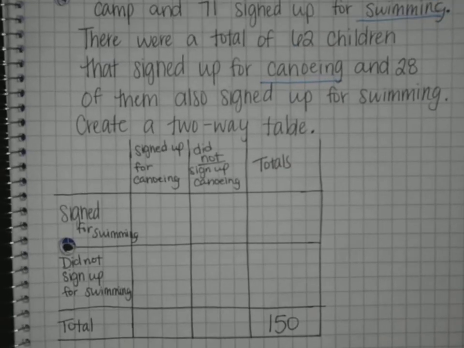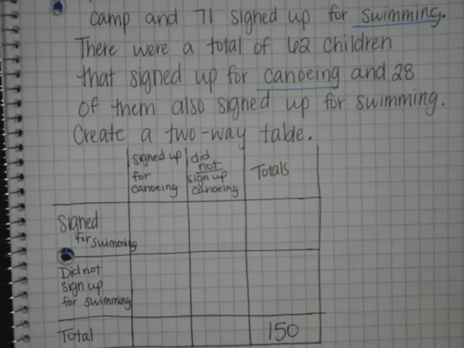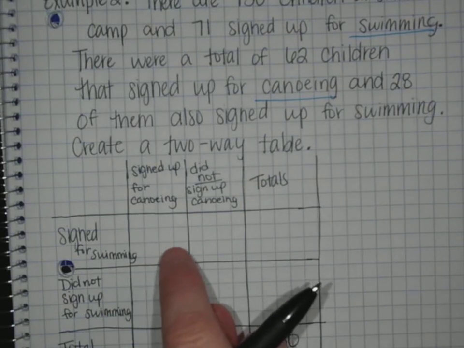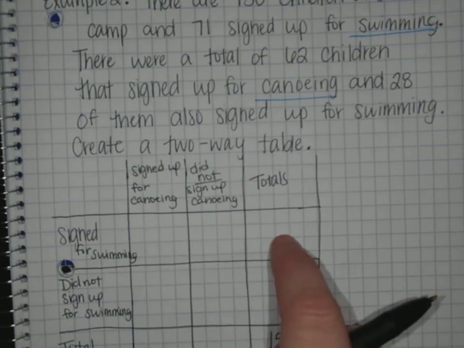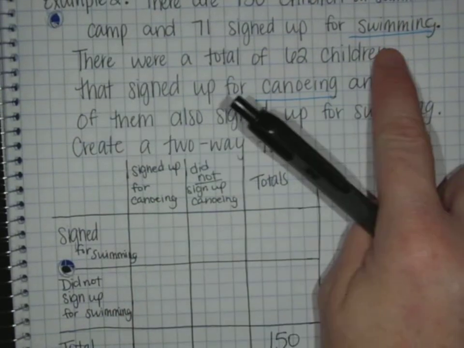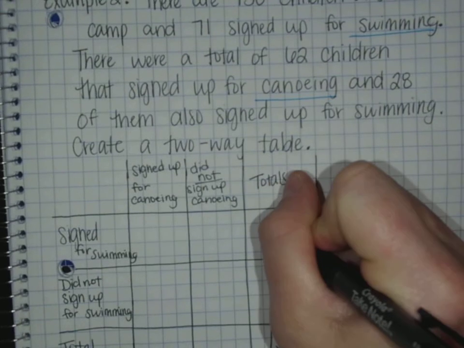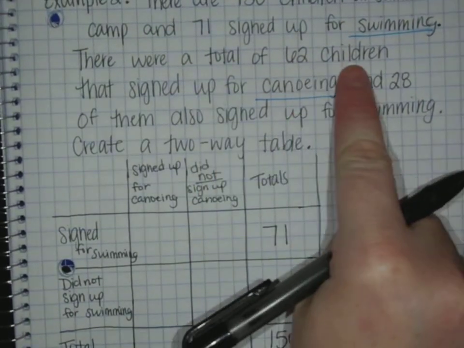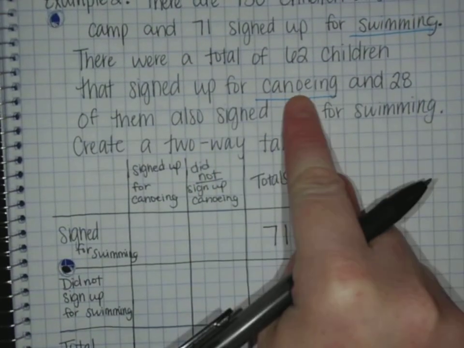And then we know that there were 71 signed up for swimming, but it doesn't specifically say whether they signed up for canoeing as well, it just says signed up for swimming. So that 71 would go in the totals. There were a total of 62 children that signed up for canoeing.